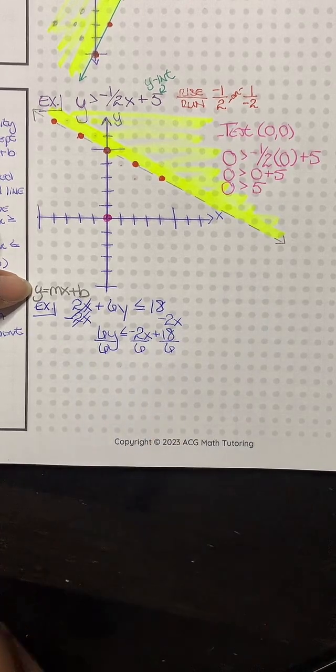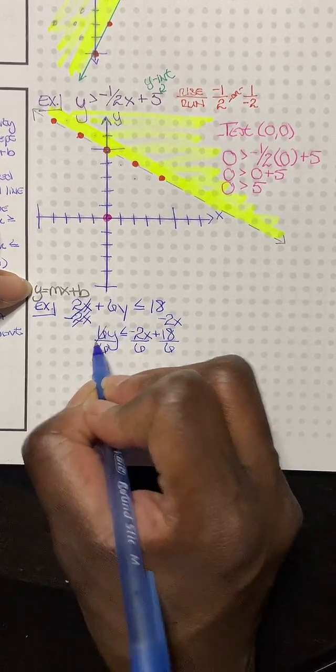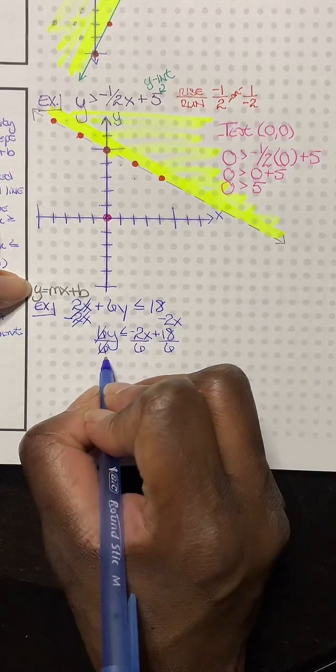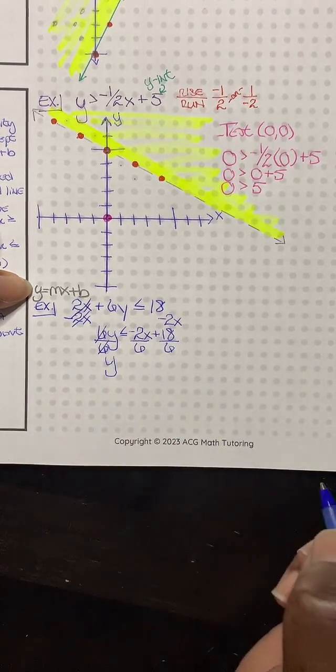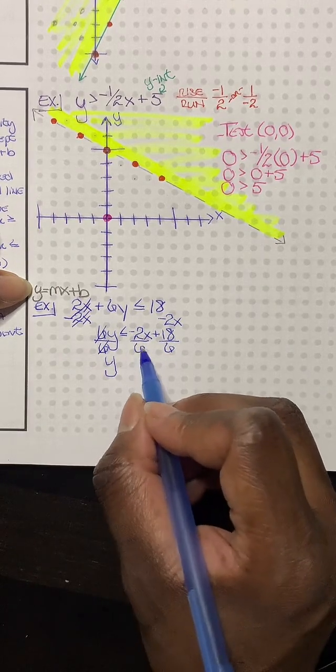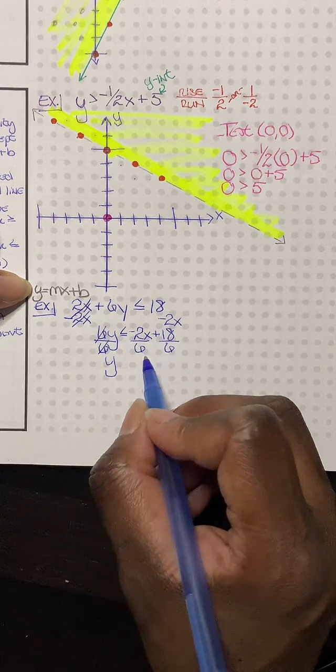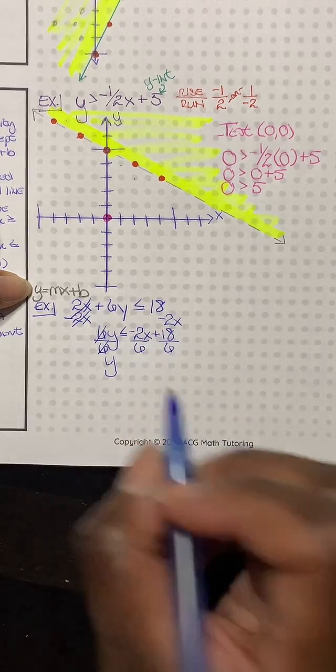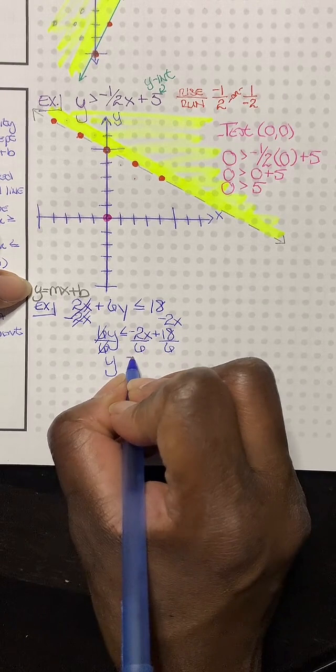So now let's divide. 6 divided by 6, that will give me my 1y. Yay, that's what we're looking for. Then we have our -2/6. That can be simplified. So -2/6, it's still going to be negative.